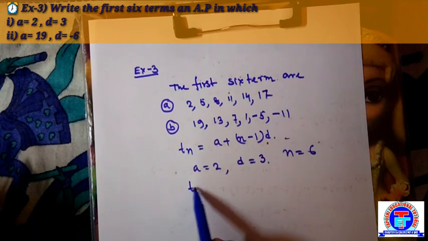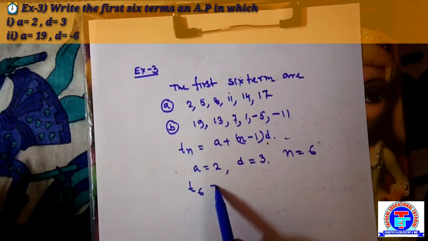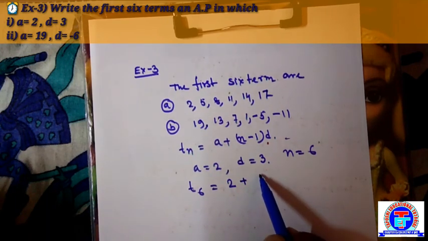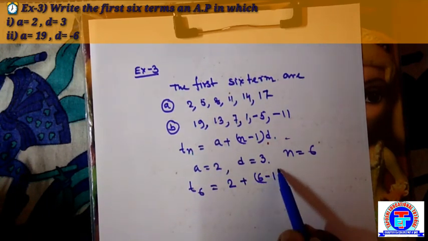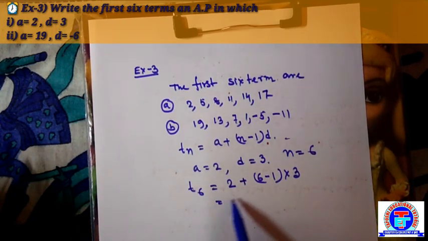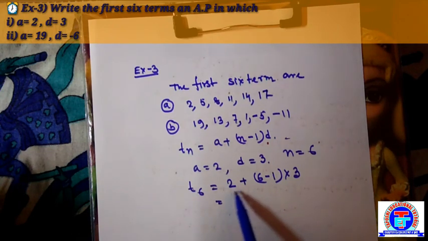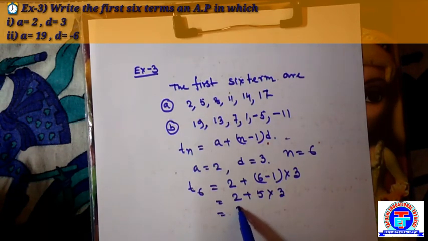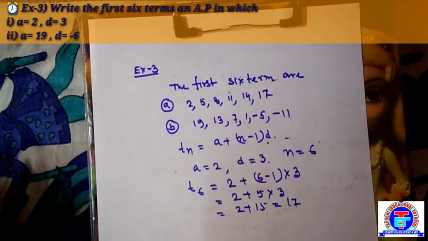So we write here T6 is equal to 2 plus 6 minus 1 into 3. That means it will become 2 plus 5 into 3, that means 2 plus 15, that means 17.